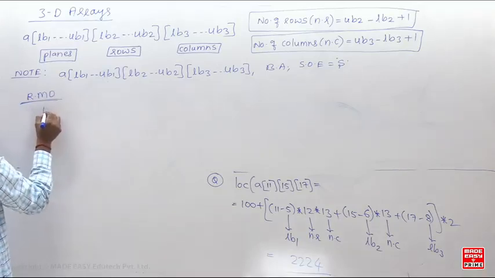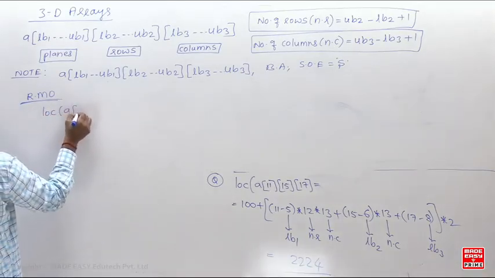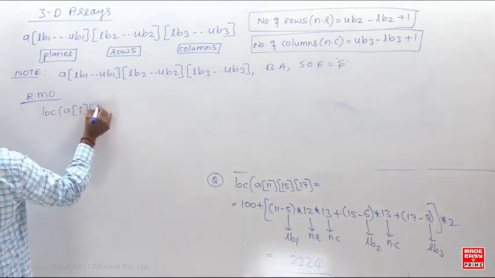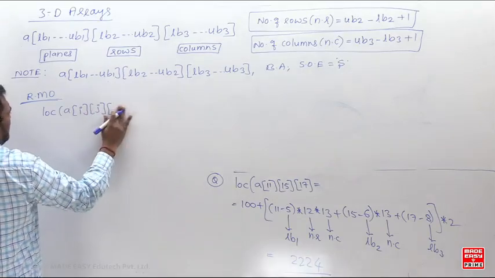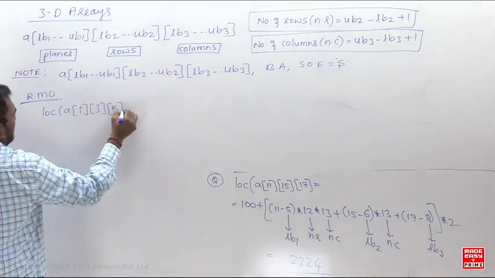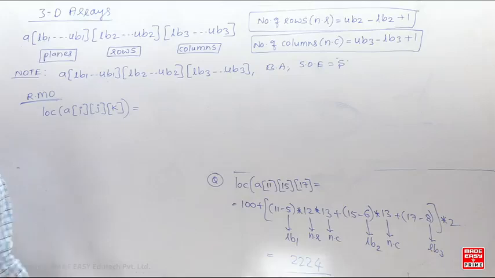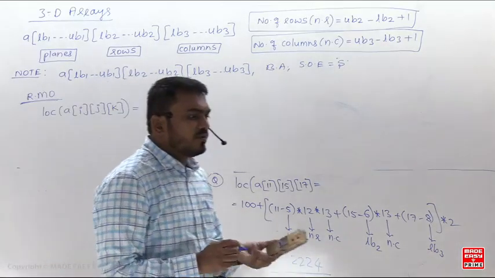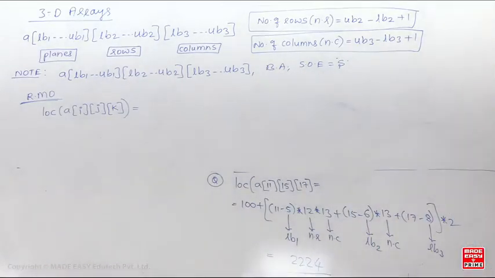Row major order, location of A of I J K. First you write row major order, and then you can write directly column major order. You can directly write the formula. Very, very simple.